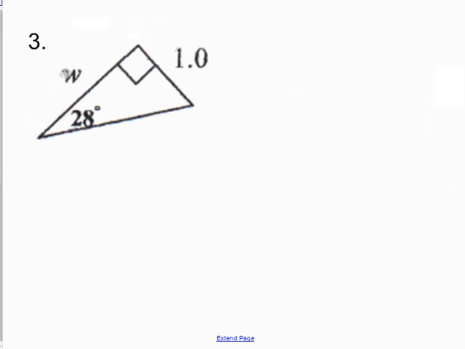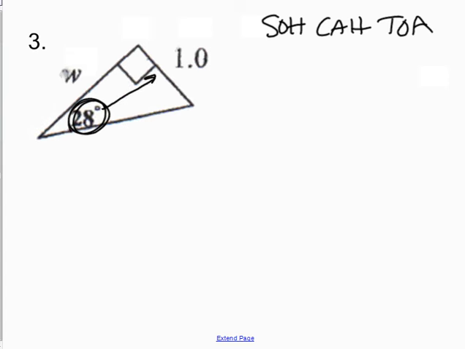Again, we need SOHCAHTOA. All right. So I'm looking at this one, and I see I've got the angle here. I've got the opposite side, and I've got the adjacent side.